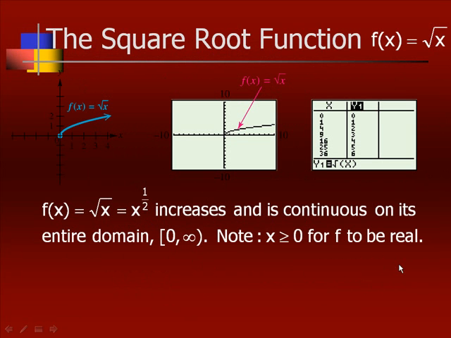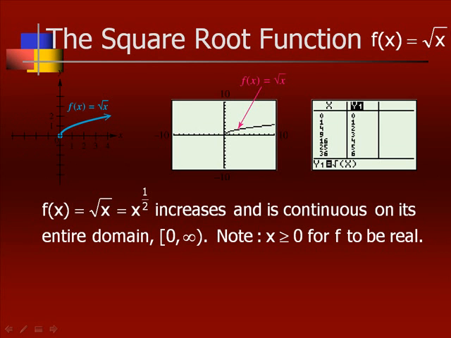Okay? Next type of basic function is called the square root function, or f of x is equal to the square root of x. Now, for this one, the graph looks like this right here. Why are there no values back here?